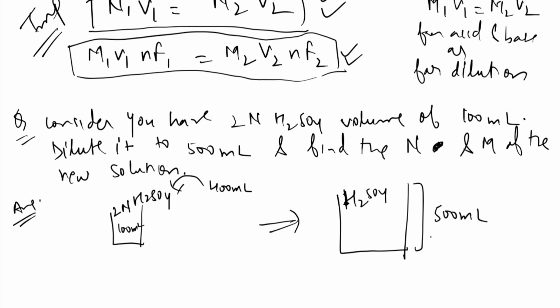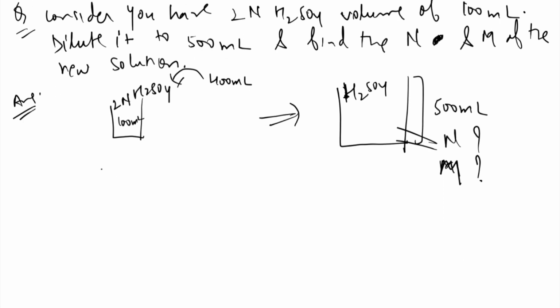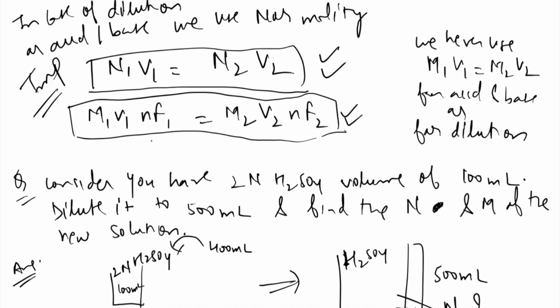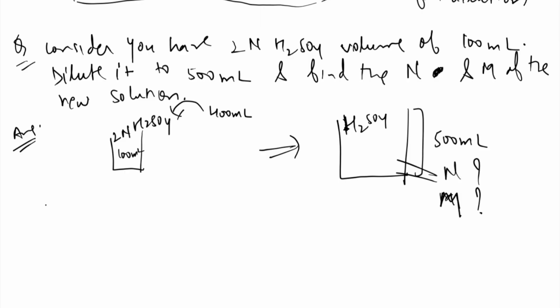So what is the normality and the molarity of the solution? Whenever we have dilution, we always use this equation. So we can directly write N1V1 equals N2V2, where 1 represents the previous condition and 2 represents the current condition.